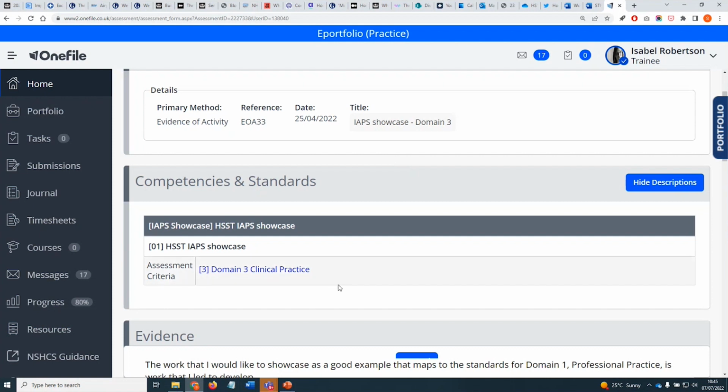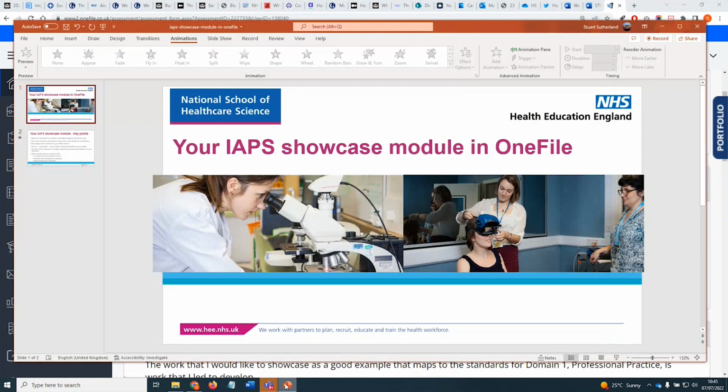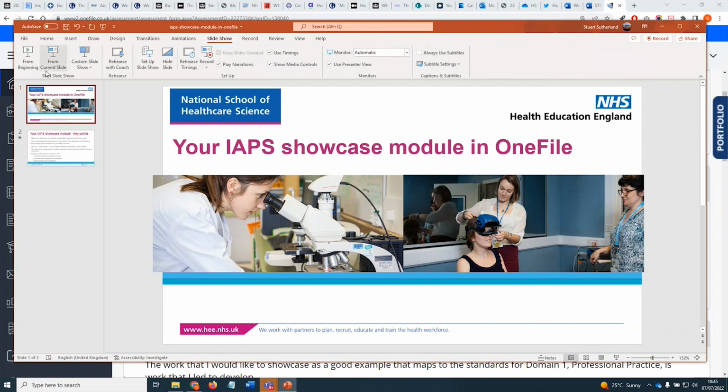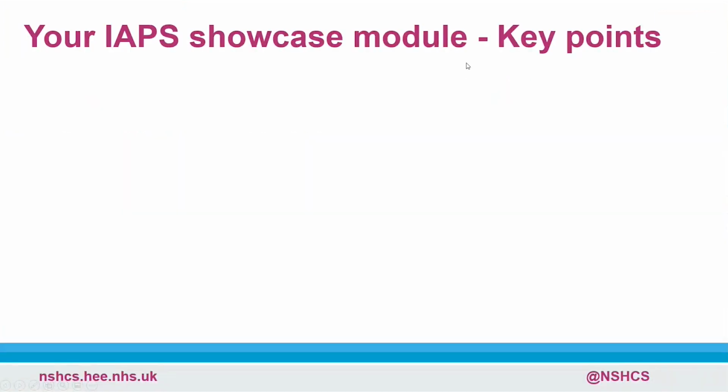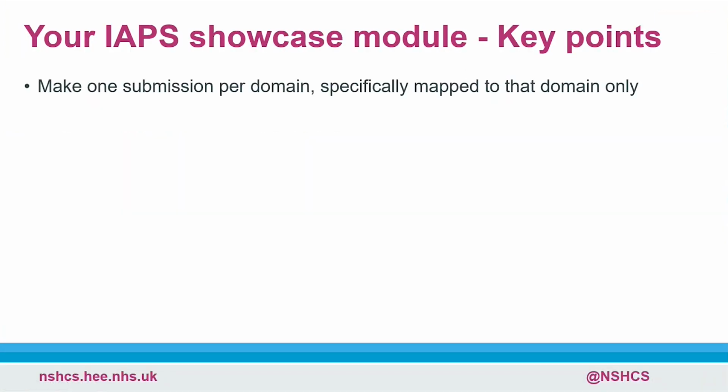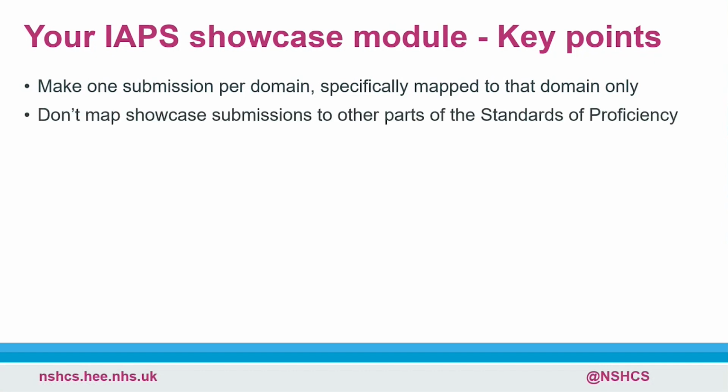If I can just pick up a little PowerPoint, maybe this is a slide. It's going to echo several of yours, but let's merge them for a future version of this. It's a one-slide summary: make it one submission per domain, specifically mapped to that domain only. In other words, don't try to cover other things at the same time.